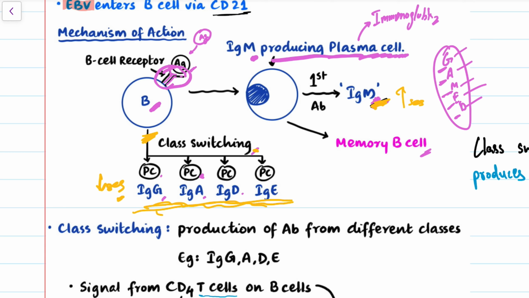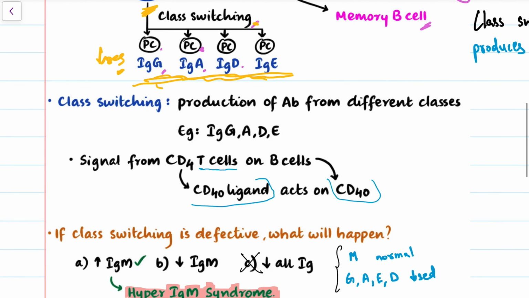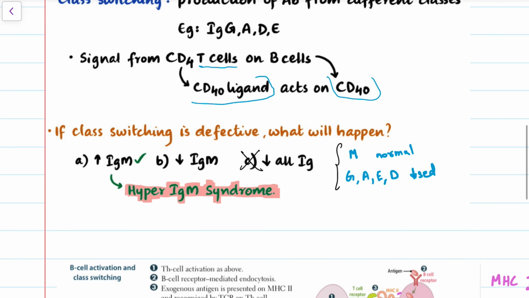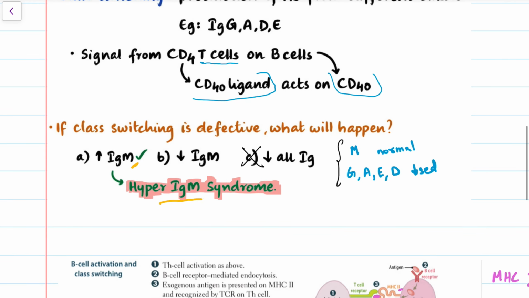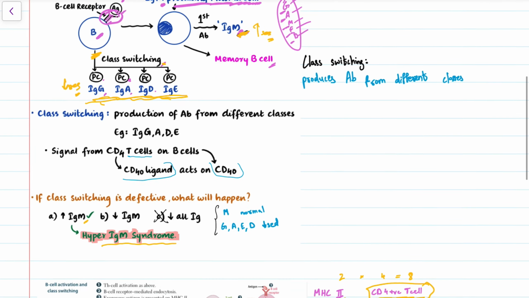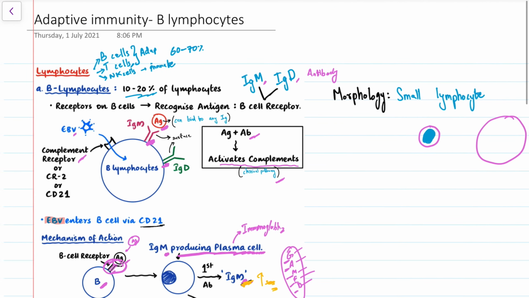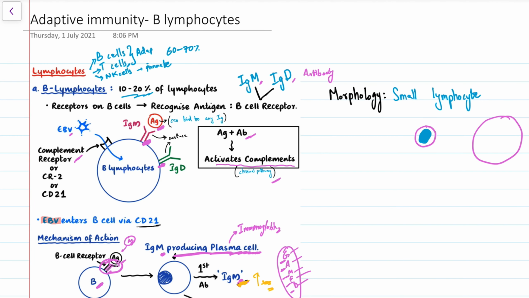Immunoglobulin M is produced more, so that it can at least try to compensate for their incapability. So that causes an increase in immunoglobulin M, which is commonly known as hyper IgM syndrome. So this is about the B lymphocytes acting during the adaptive immunity.